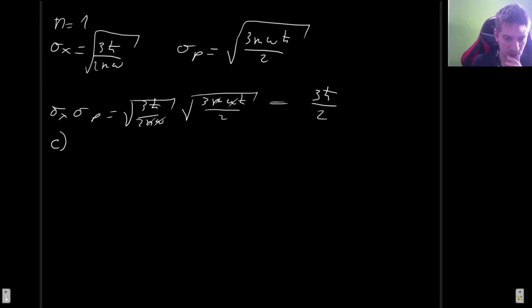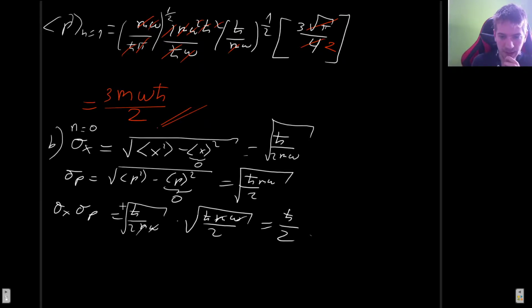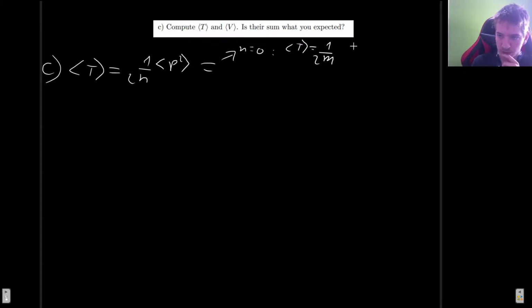We are on page C. p squared was just h bar m omega divided by 2. So this is just going to be h bar omega divided by 4.